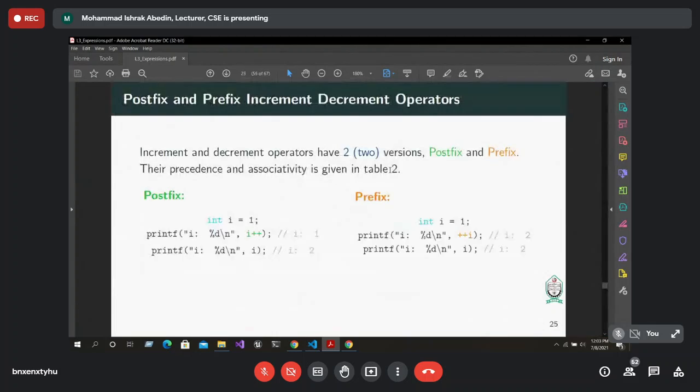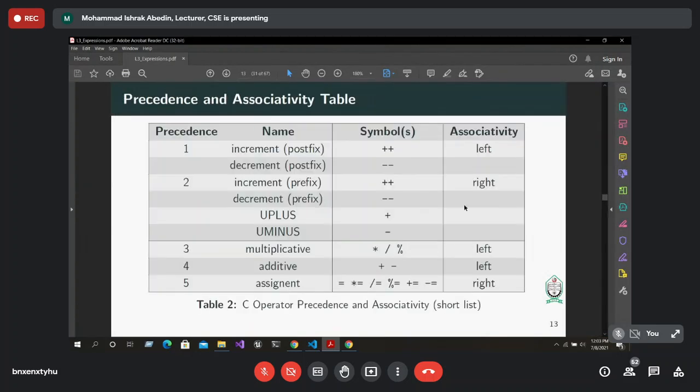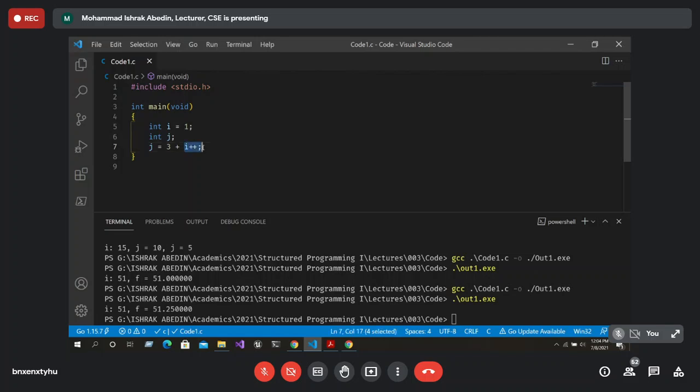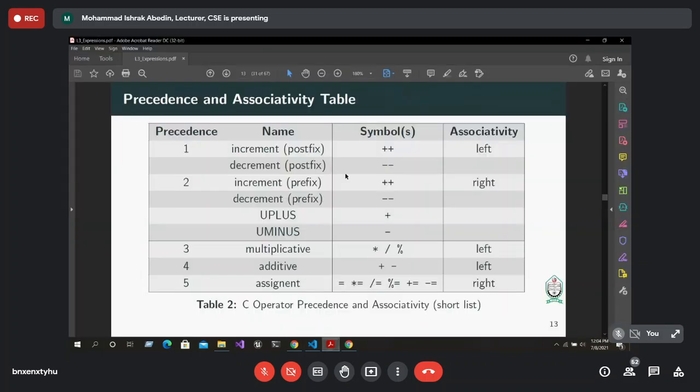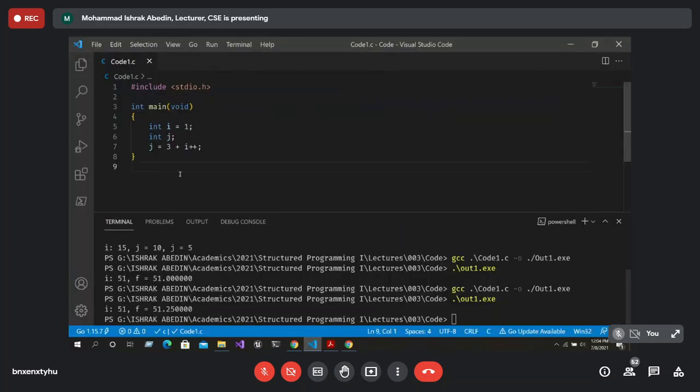The postfix increment, the one that comes after, has the highest precedence, and it is left associative, so that it takes the left operand. The prefix increment and decrement operators are actually right associative, and they have second highest precedence. So in this case, I plus plus will be evaluated first. This is completely the same. Now we print the value of I and j.